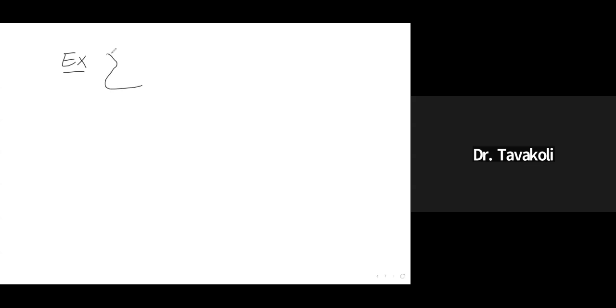Or sigma of -1 to the power of k plus 1 times 1 over k squared, what do you think? Is it conditionally convergent or absolutely convergent? As you might have correctly figured out, it is absolutely convergent. Why is it so?